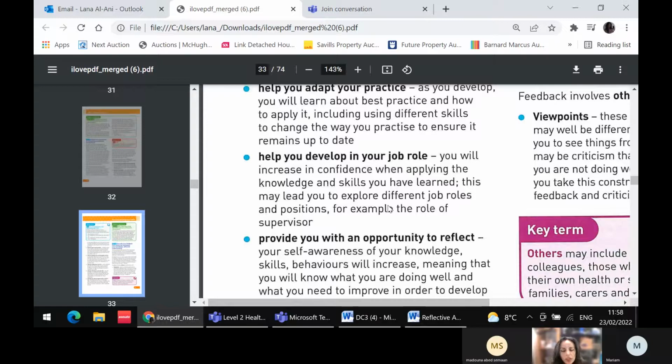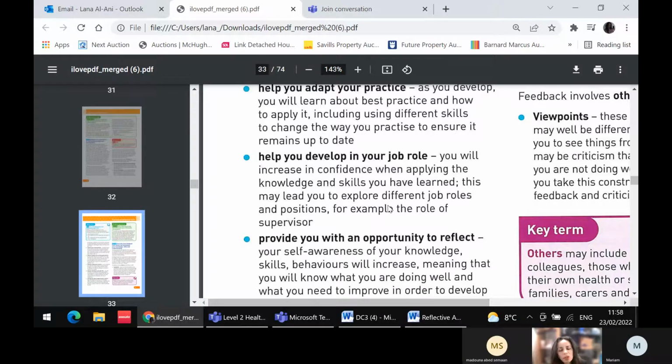So by doing continuous training, you will increase confidence when applying this knowledge and the skills and things you learned with your clients. They will also increase their confidence in you.